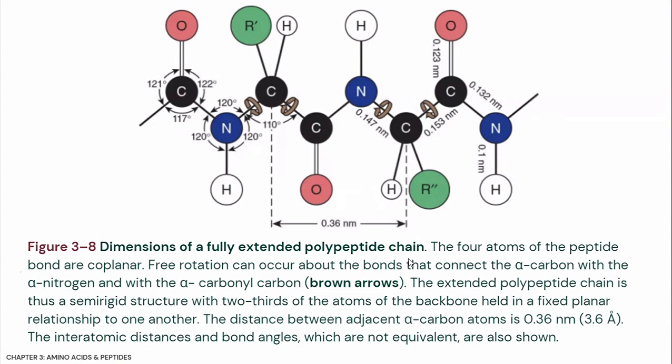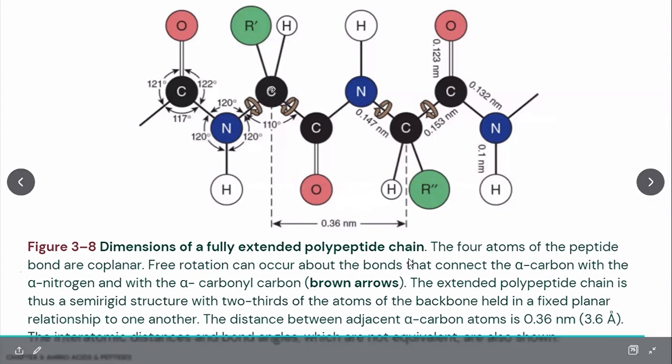So from one alpha carbon to another alpha carbon, the length here is 0.36 nanometer.